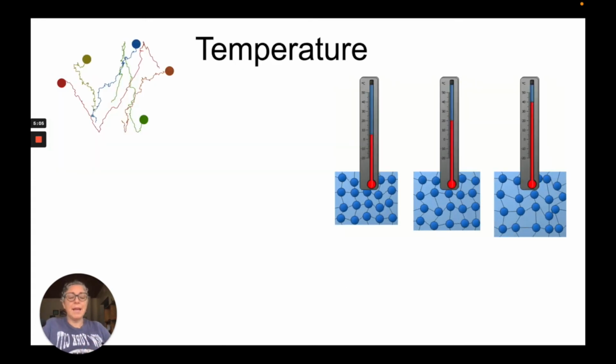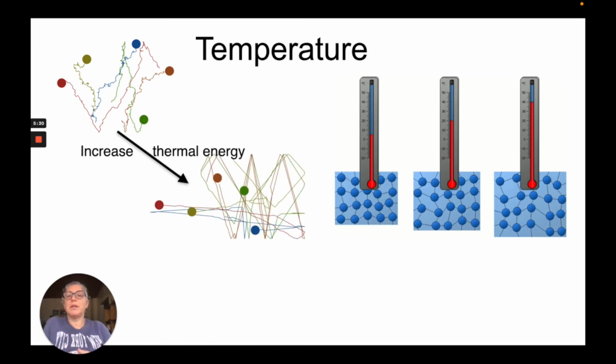All right, let us look at temperature. We've talked about temperature in a previous video, but we can see here, according to our thermometers of varying temperatures, that molecules will move faster when there is a higher amount of thermal energy in their environment. That's just what's depicted here.